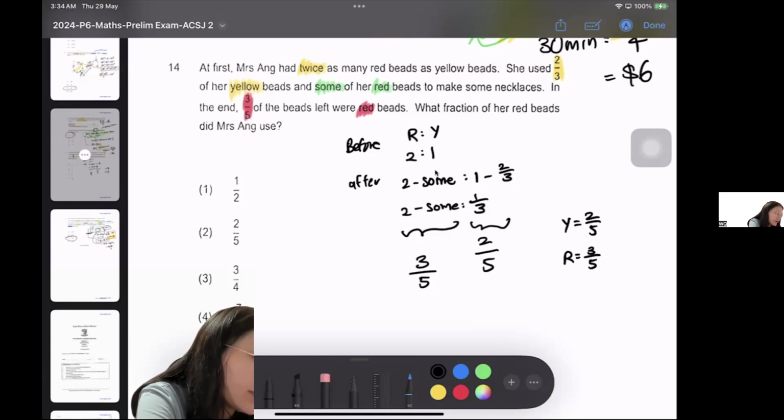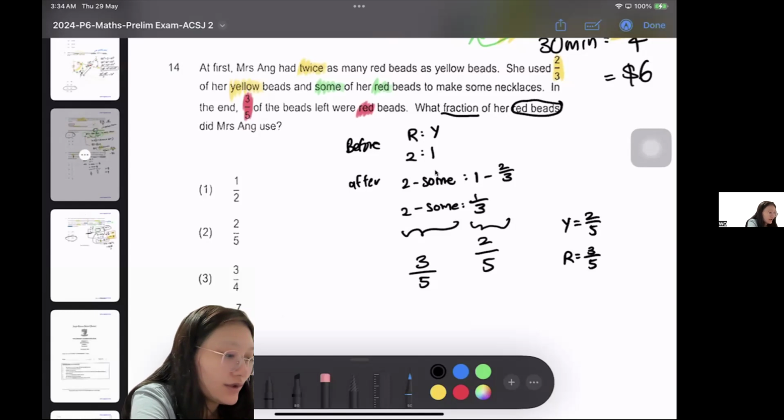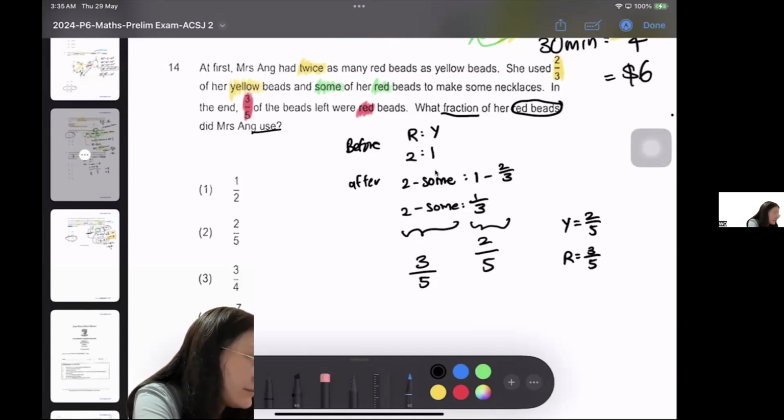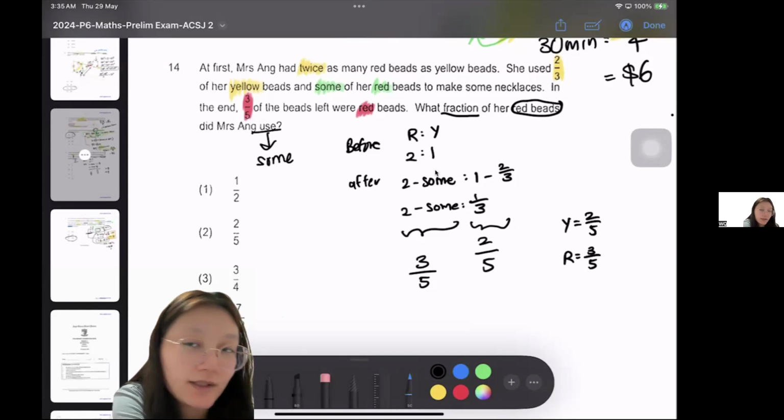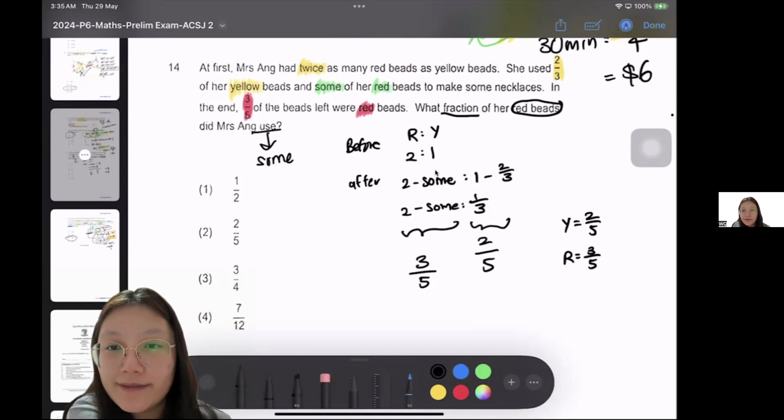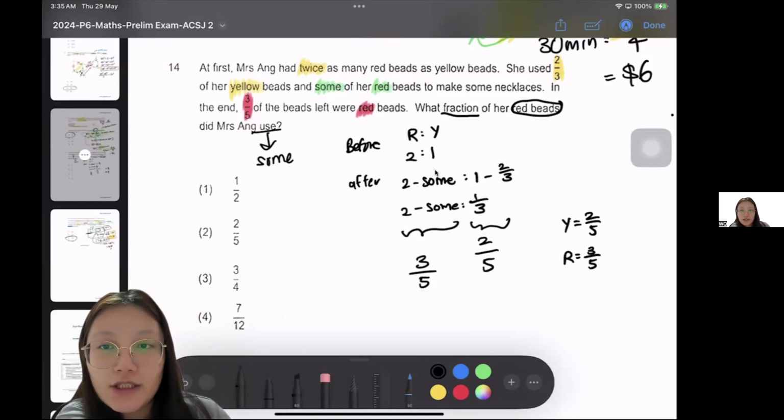Okay, and then you look at the question here, which is what fraction of the red beads did she use? So the one that she used is the sum. So you're actually trying to find the sum. Okay, so how do you find the sum? In order to find the sum, you need to find the 1/3 first. How much is 1/3?